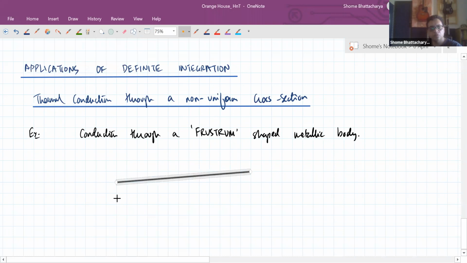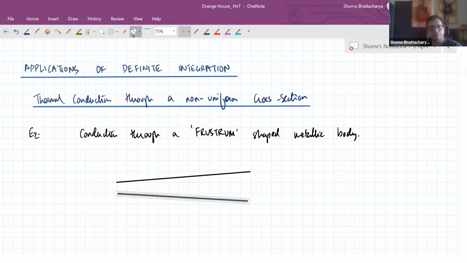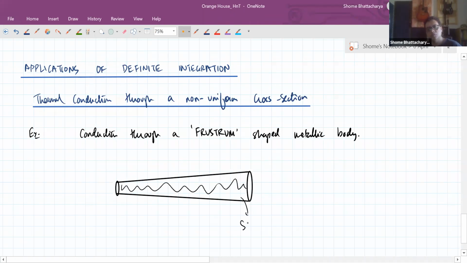That is the frustum of a cone. So imagine we have a solid metallic cone which we have cut from one side a bit, so it's not ending in a point. So this is a solid metallic frustum.